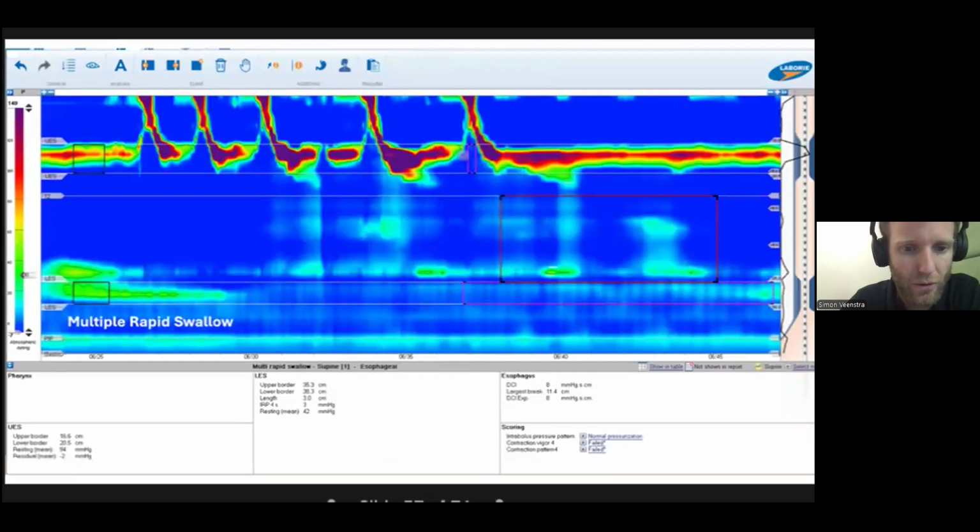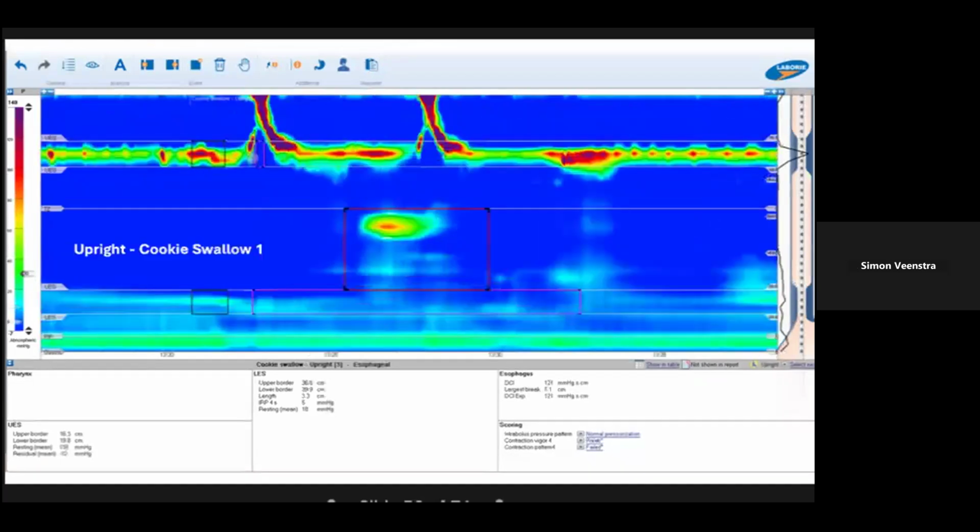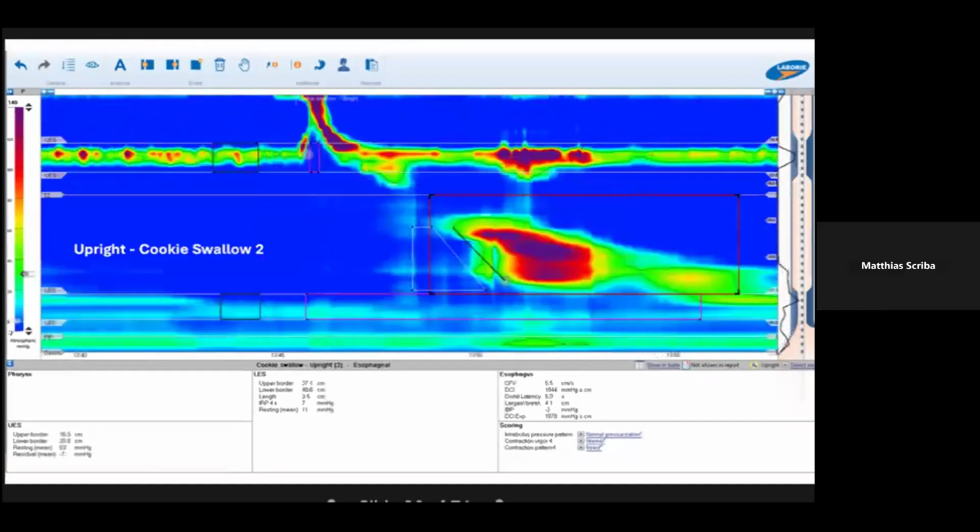This is a multiple rapid swallows. Basically, I think she's got very limited reserve, and the criteria for ineffective esophageal motility, IEM, were met, until we gave her something to eat.